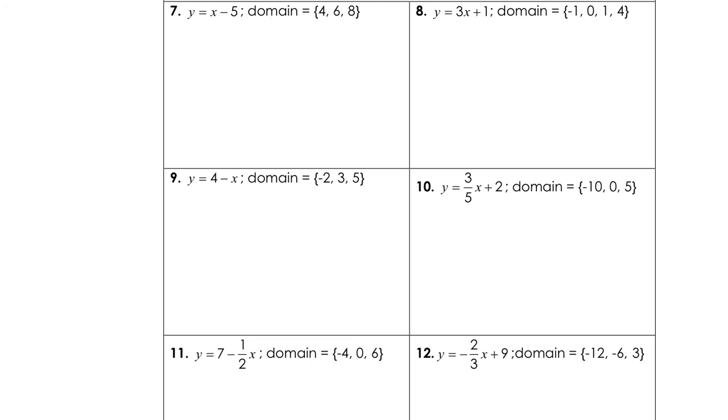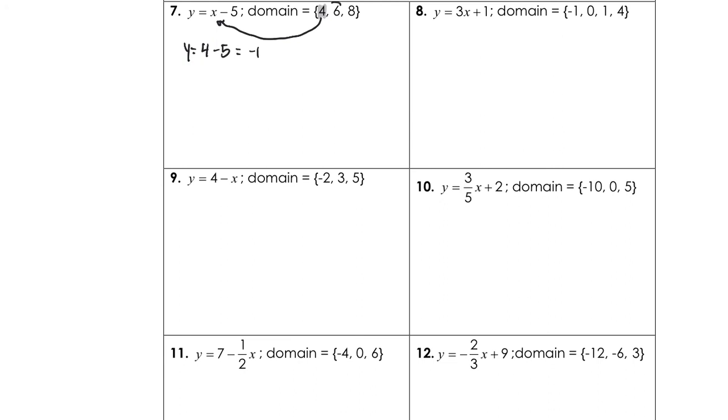So again, keeping in mind that domain means the set of x values, I'm going to take this number 4 here, and I'm just going to do substitution. So this is when x equals 4. So y equals 4 minus 5, and 4 minus 5 is negative 1.